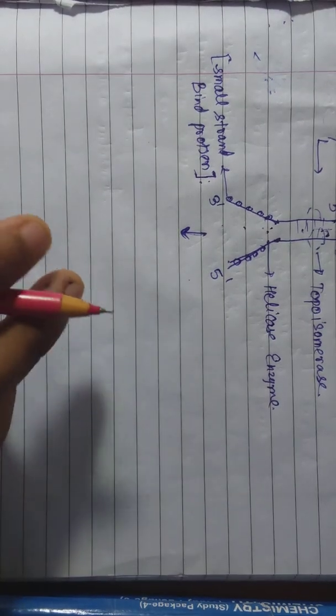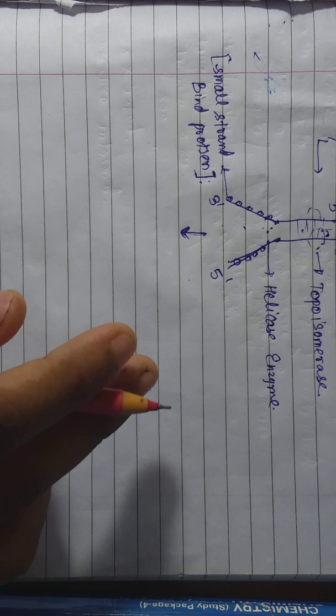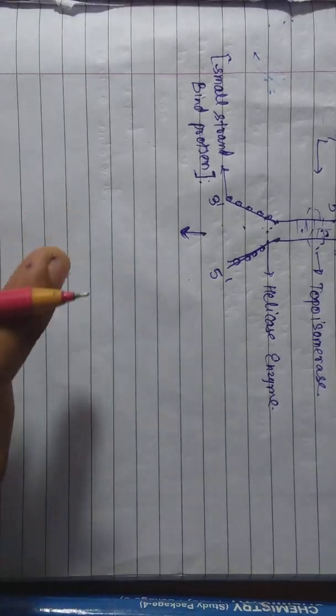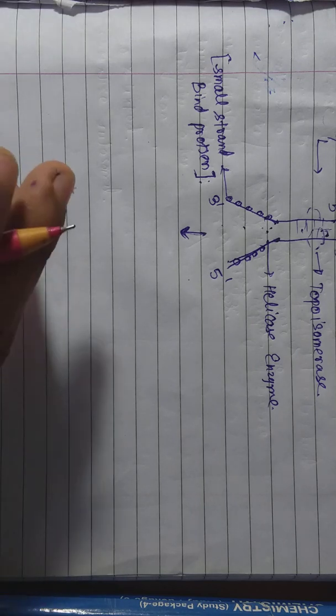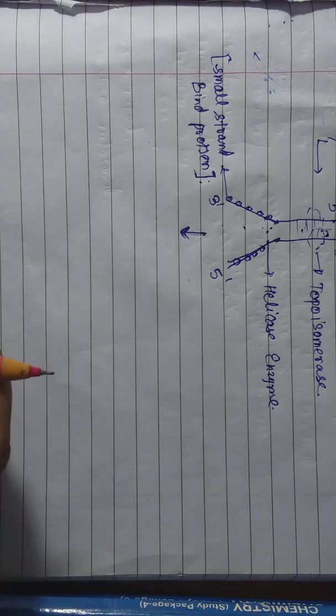DNA polymerase actually has dual functions, that is ligase and exonuclease. Ligasing means combining the DNA strands with phosphodiester bonds, which is the function of polymerase. And exonuclease, also a function of the DNA polymerase, means removing nucleotides from the DNA segment.